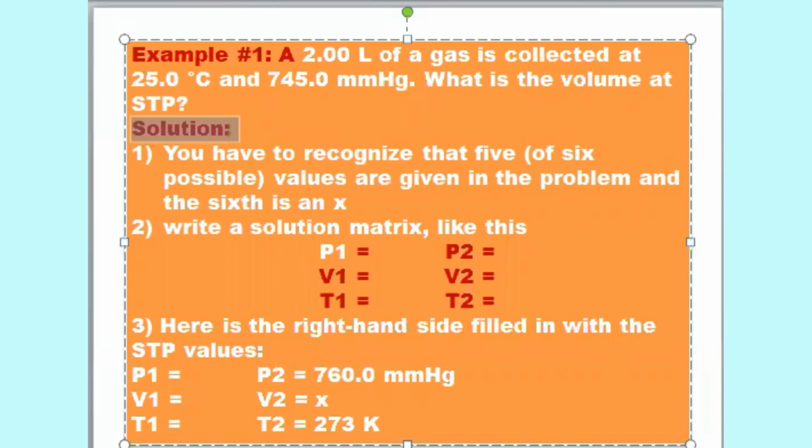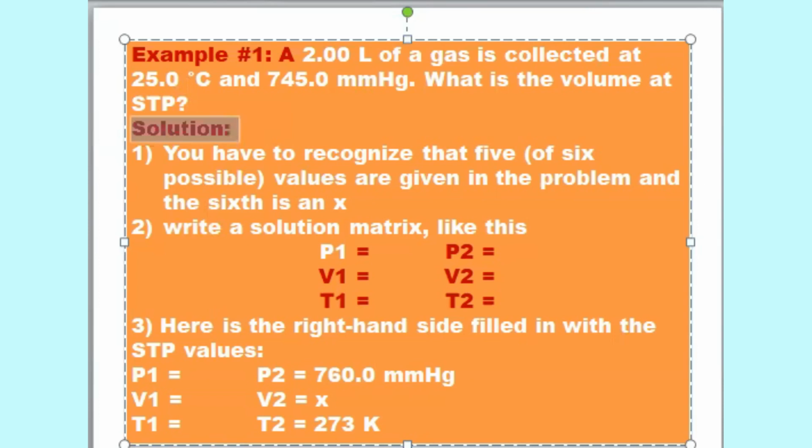Number one, you have to recognize that 5 of the 6 possible values are given in the problem. We have 6 possible values: P1, V1, T1.